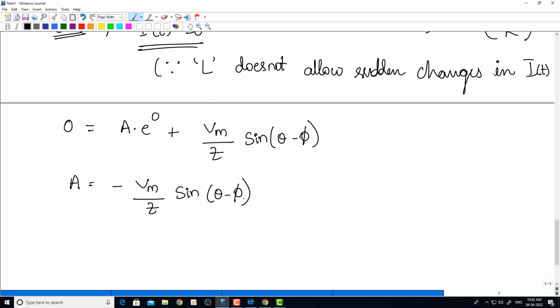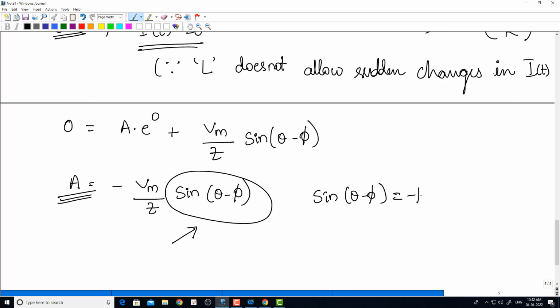And maximum DC offset will come when theta minus phi is equal to 90 degrees. Since if sin theta minus phi is equal to minus 1 means A is equal to, anyway Vm is constant, Z is constant. So A gives the maximum positive value of DC offset.